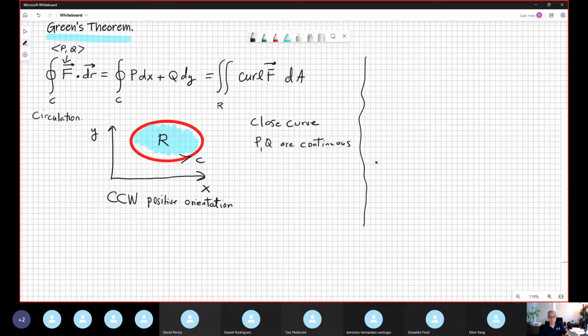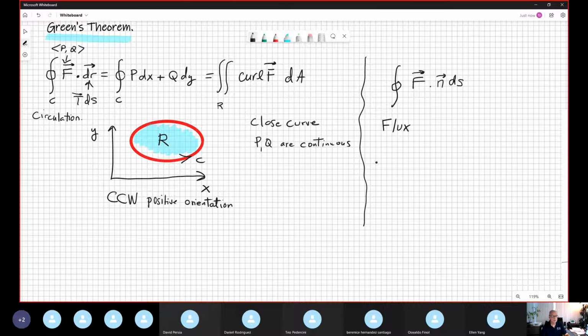We have two kinds: we have the circulation, and we have, for example, the flux integral. The flux integral is F, the vector field, but now not dr, it is n ds. Remember, in the circulation, dr is a tangent vector ds.